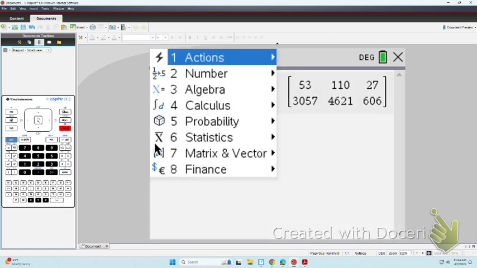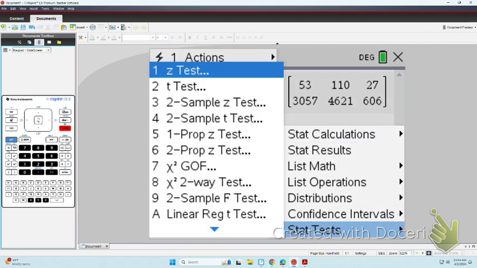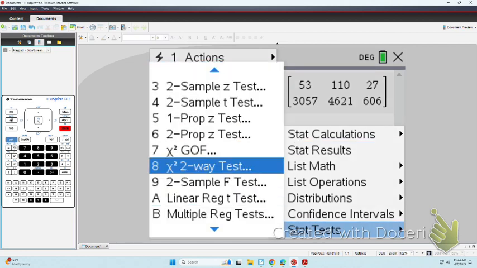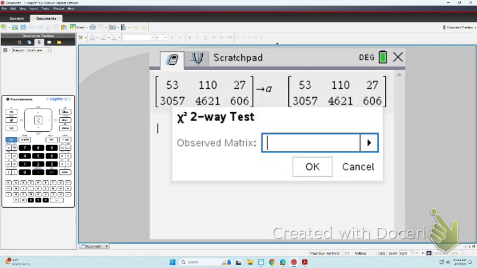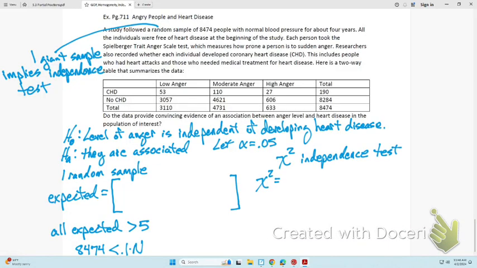Go to Menu, Stats, Stat Tests, and we have a chi-squared two-way test. And you just type A, or whatever variable you picked. And there are our results. Chi-squared is 160.768. Degrees of freedom is 2 again.